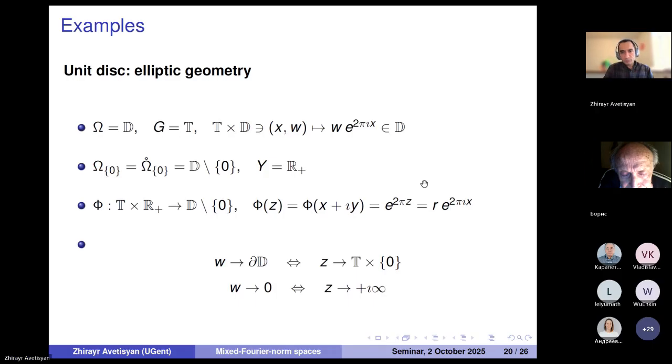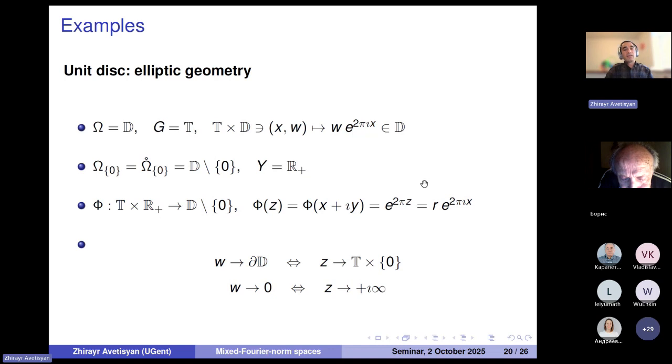For every x in the unit circle, the action of the x element on the w point is given by this rotation, w times e to the 2 pi i x. So basically G acts by rotation. It shifts the angular variable but leaves the radial variable.